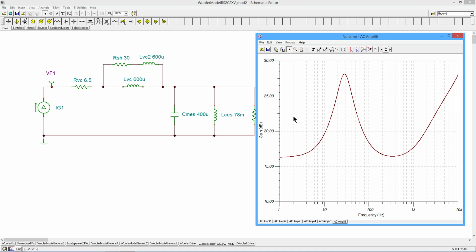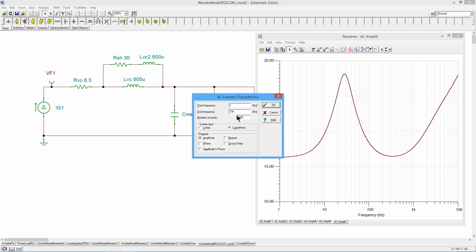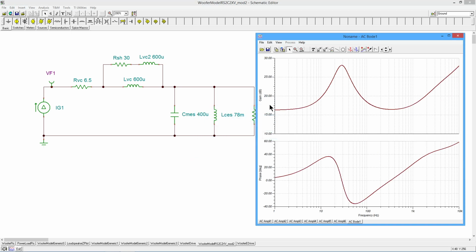Bingo! Now, as a matter of fact, you know what I'm going to do just to show you this, because I didn't show you this before. Let us do an amplitude and phase. All right, this is more fun.